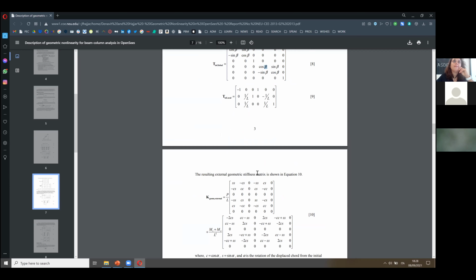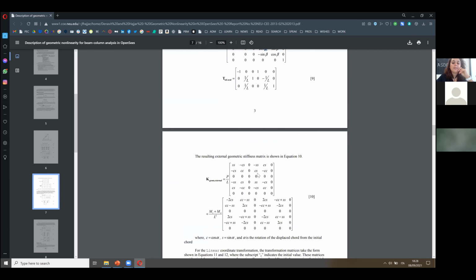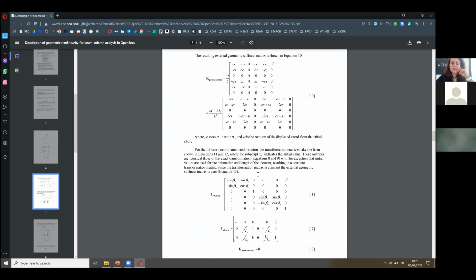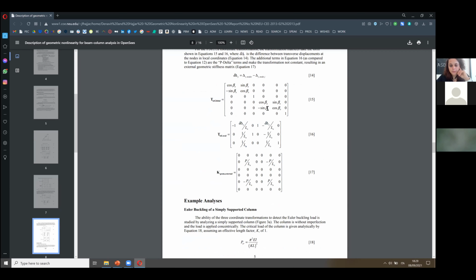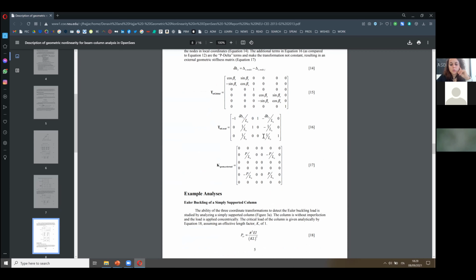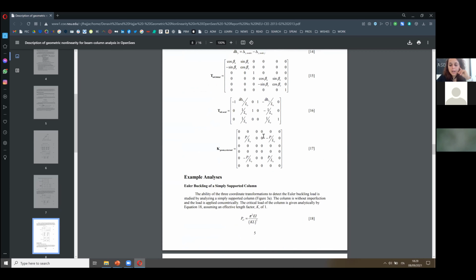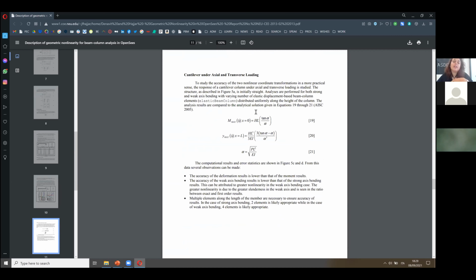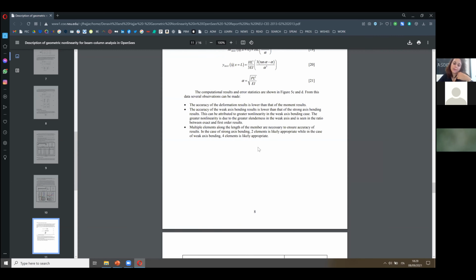And if we're using a PDelta transformation, we have to apply these delta effects inside of our transformation matrices, but we're still using the initial values, so L0 and beta 0. There are also some examples here for modeling buckling and modeling a cantilever, to add specific loading that increases over time and where you expect very large displacement or rotation to occur.